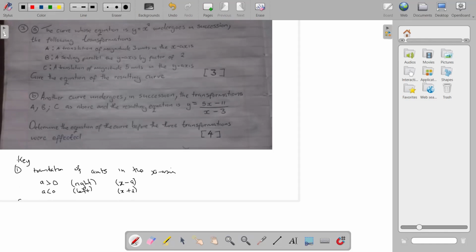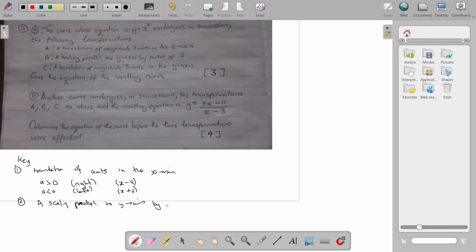Then, number 2, from the transformations we have a scaling parallel to y-axis by factor of 2.